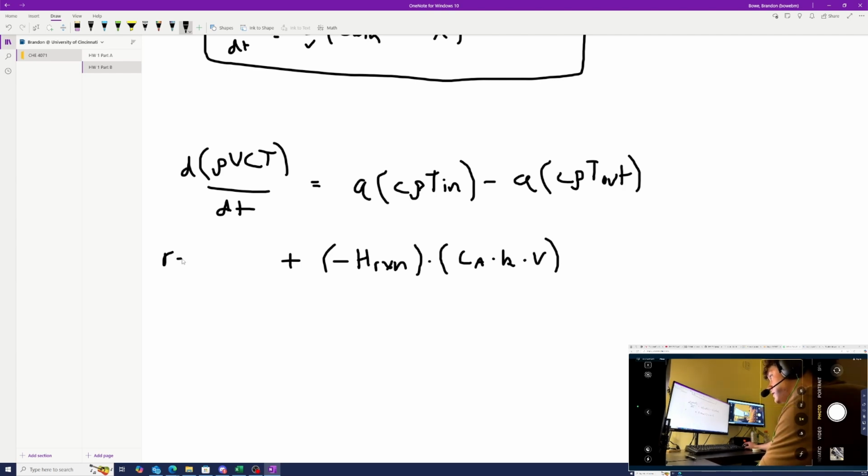So this is our reaction. And then lastly, we'll have the heat transfer going to the jacket outside. This is going to be minus because this will be taking energy away from our system, which will be equal to our heat transfer coefficient times the temperature of our system minus the temperature of the cooling water.